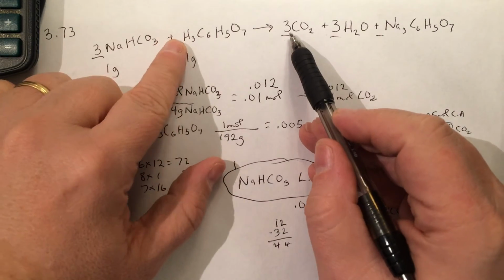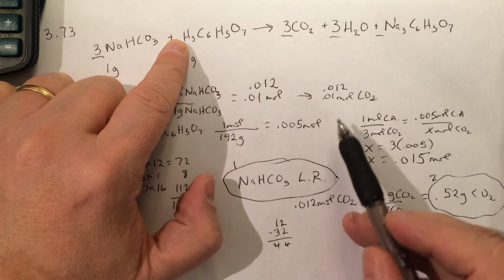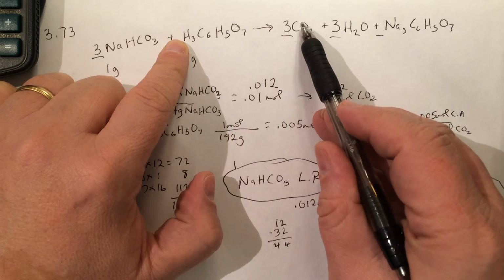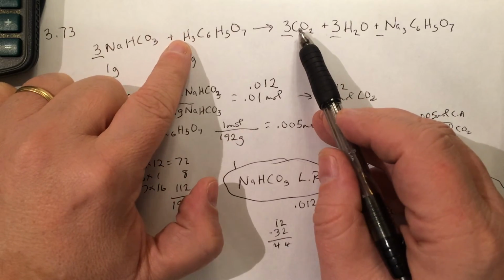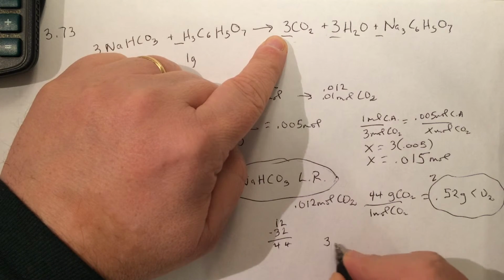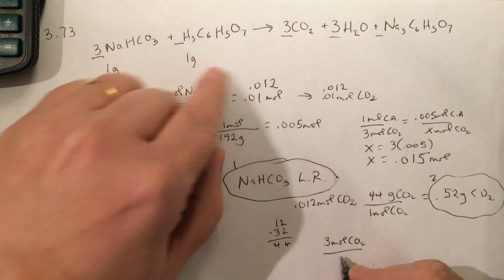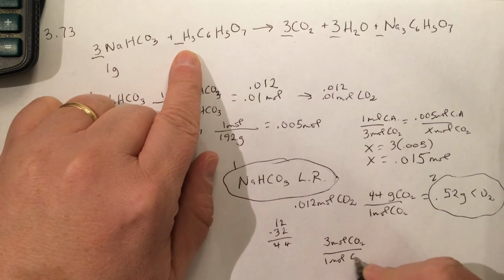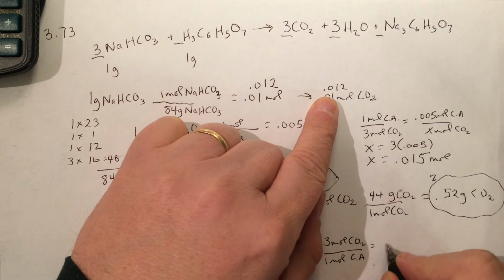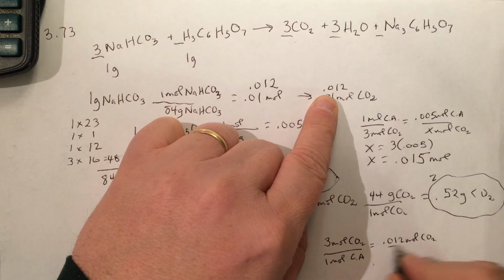Well, this is a 3-to-1 relationship. We know that we made 0.012 moles of this. So how much of this did we actually use? So let's just go backwards. We're going to say this is 3 moles of carbon dioxide gas to 1 mole of citric acid. And then this was 0.012 moles of carbon dioxide gas.